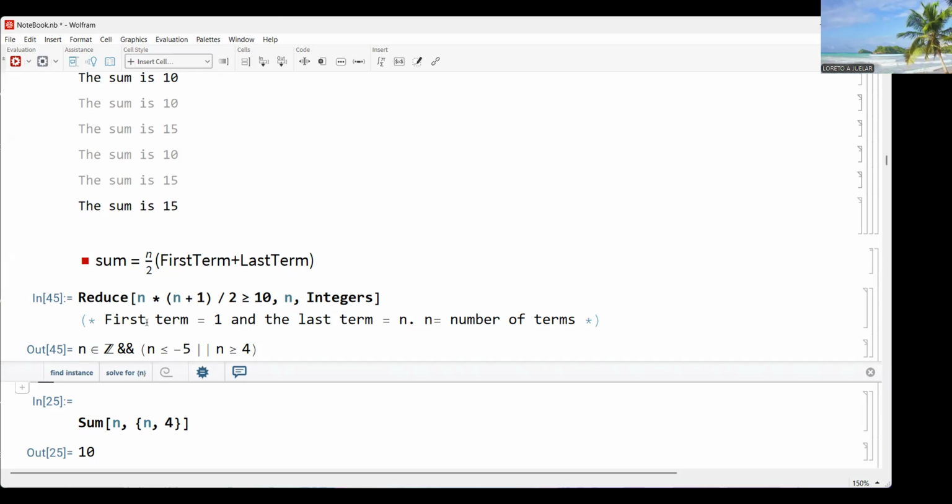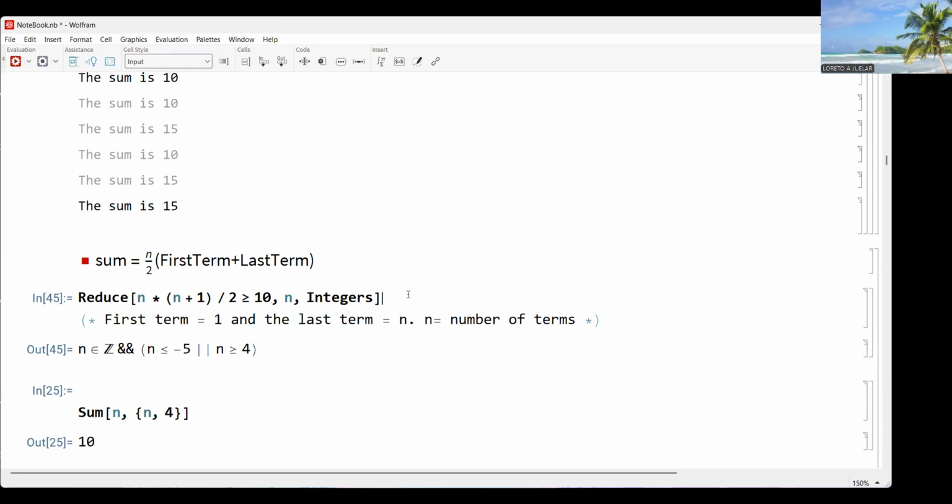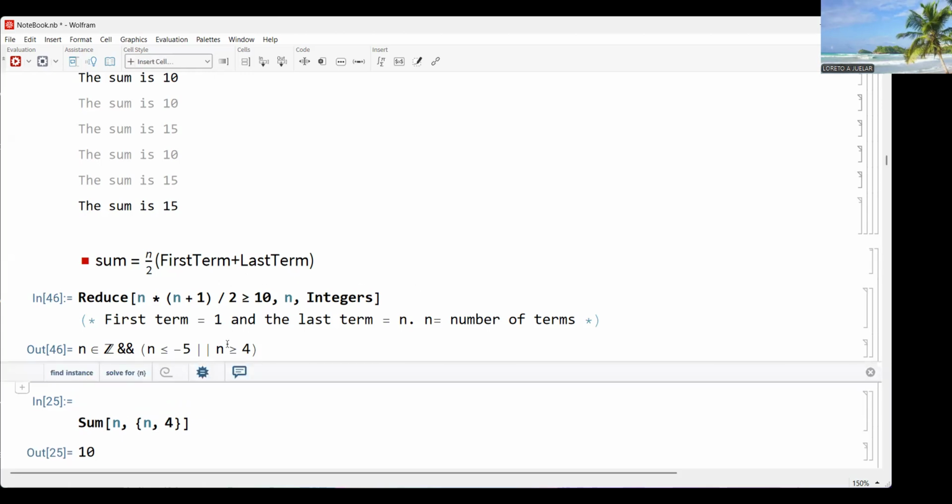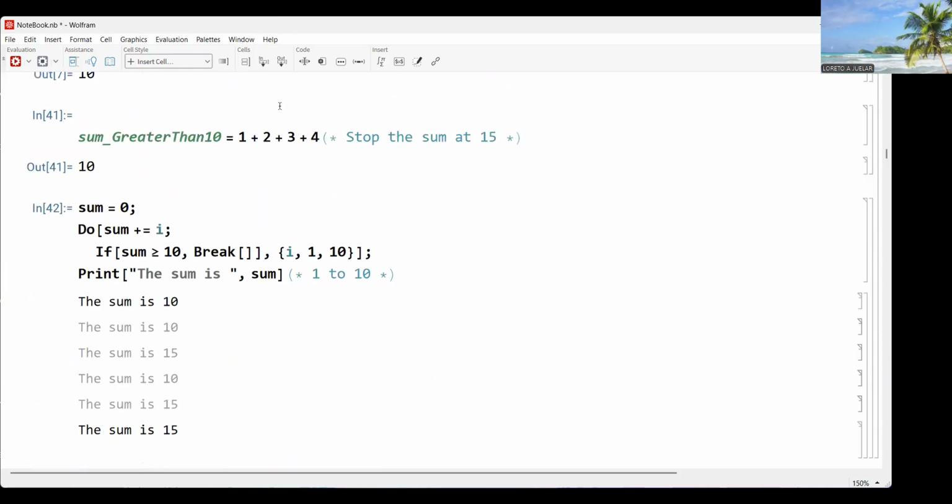For example, the first term is equal to 1 and the last term is equal to n, so n is the number of terms here. So if the sum is greater than or equal to 10, we have only n equal to 4. So we have 4 terms only: 1, 2, 3, 4.